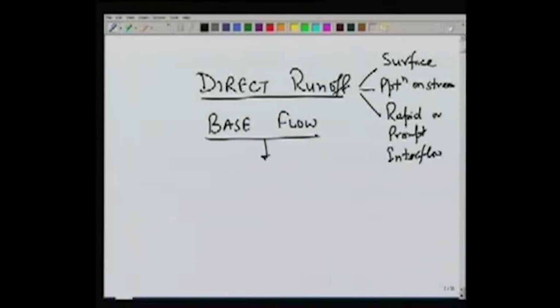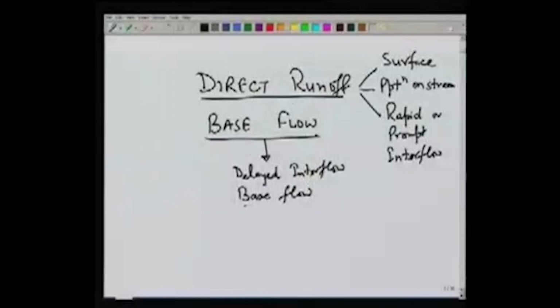The base flow component can again have two different parts. One will be a delayed interflow, and one would be the base flow. So the delayed interflow is the component of interflow which goes into the ground and appears on the surface again, but not very fast.